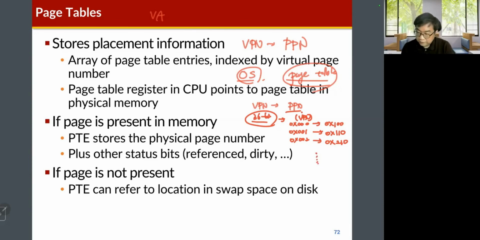So actually, these page tables are managed by the operating system, which means that when a process is launched in a computer system, the page tables are made by the operating system, and then this page table is assigned to the newly launched process.